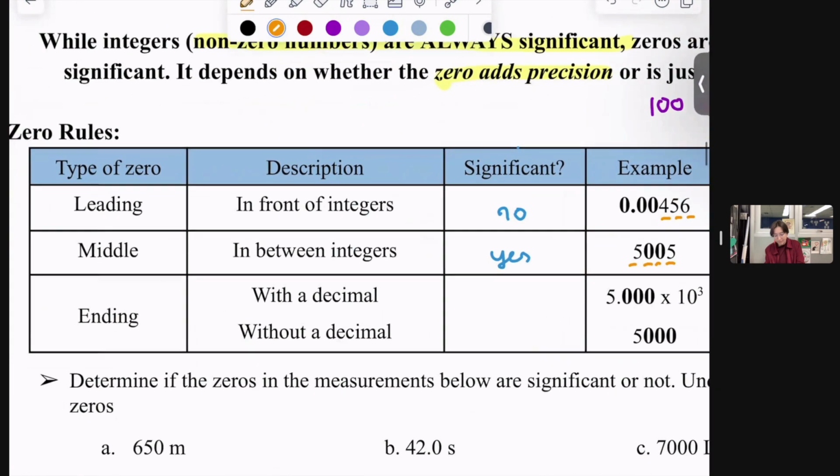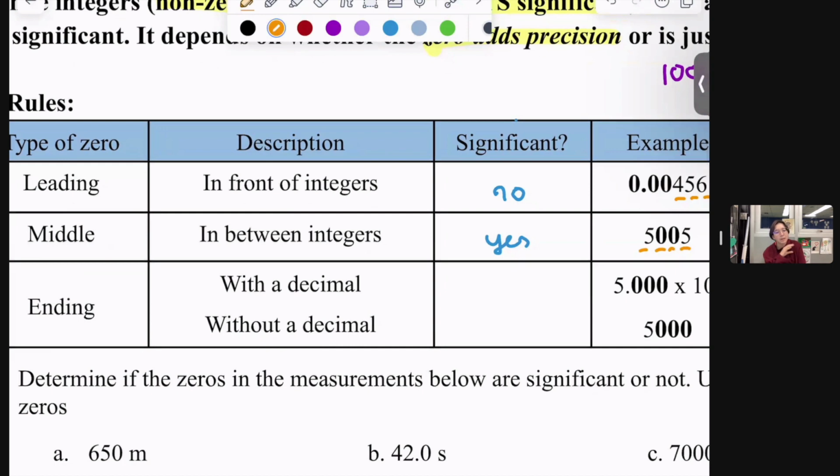Okay, and I think the ones at the end are the trickiest ones. Again, there's different ways of thinking about it. I think this is probably the most straightforward way to sum it up. If the zeros are at the end, after all the non-zero numbers, and there is a decimal place, then they are significant.